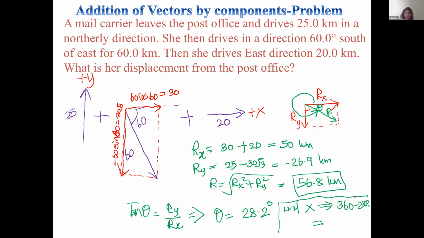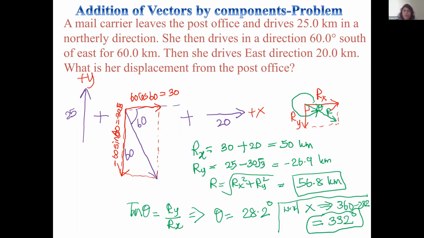My phone calculator is bothering me. 28.2, okay, so that will give me 331.8 around. I would say around 330. So that will be the angle of this resultant.